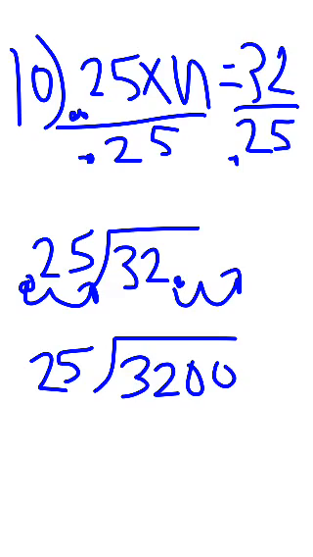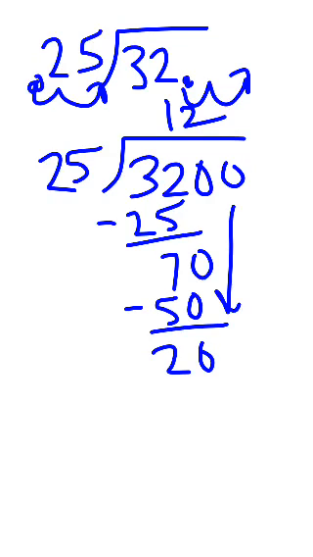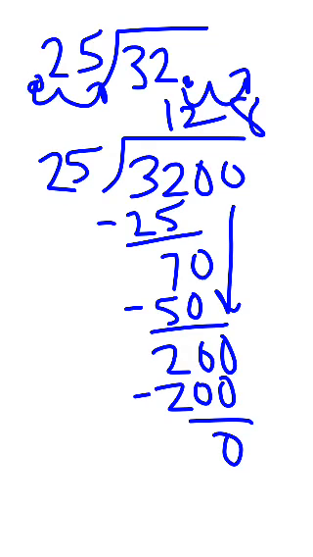Now we can divide. 25 into 32 will go one time. 25 into 70 will go two times. Bring down your 0. Finally, 25 can go into 200 8 times. So our final answer is exactly 128.